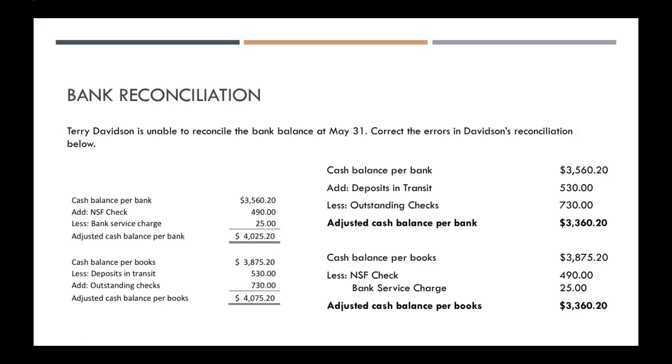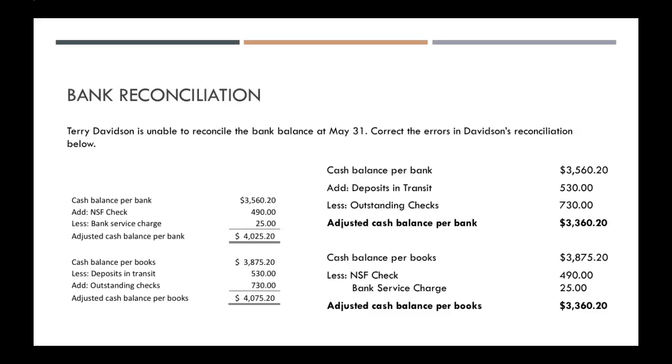Because it's the same as our adjusted cash balance per bank. It's not a coincidence. It's why we did all of this work, right? We wanted to be able to show that our cash balance per bank is the same as our cash balance per books, because we have $3,360, whether you look in our ledger or you look in the bank.